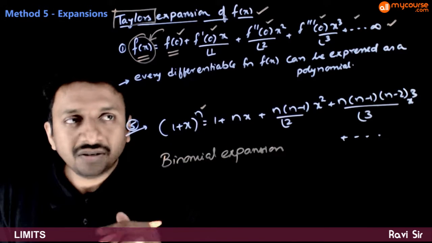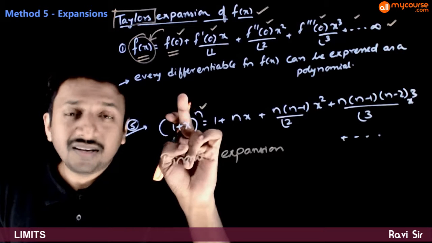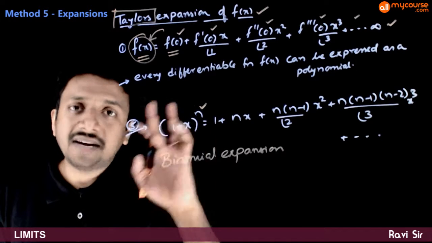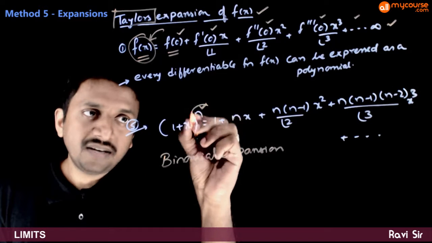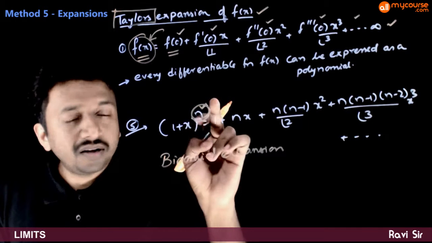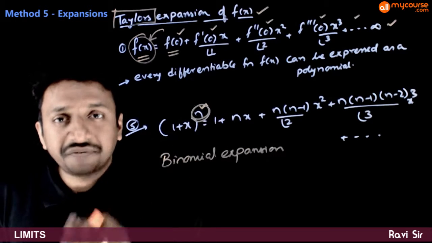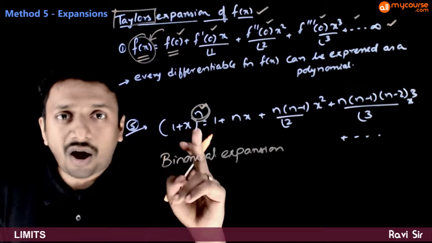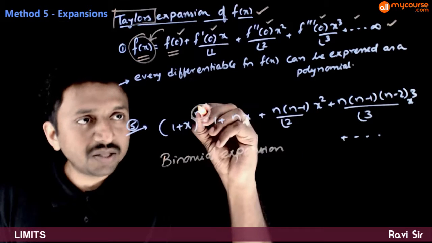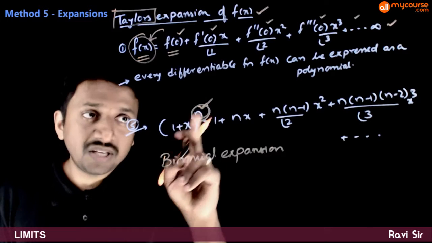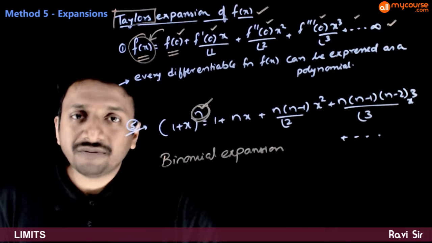And this expansion is valid for natural numbers, negative integers and rational numbers. So this is valid for all the possible values of n. This expansion will not be valid for irrational values of n.